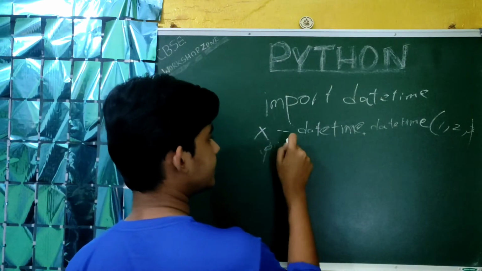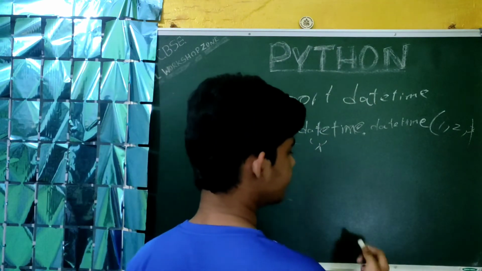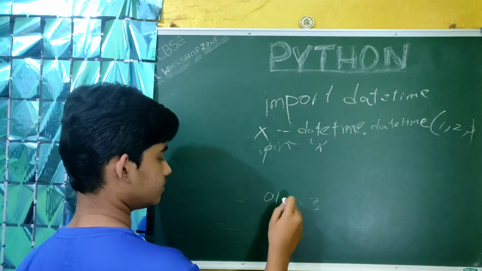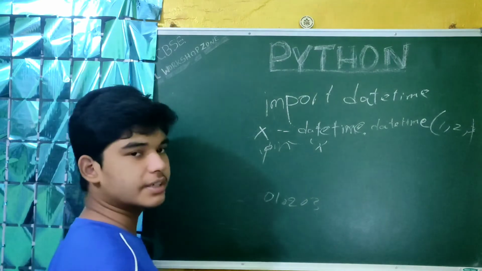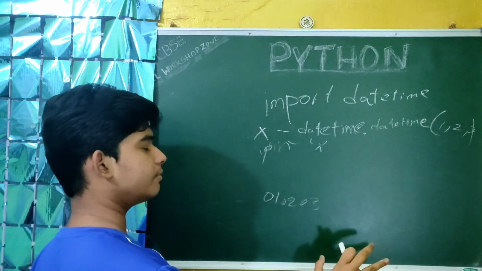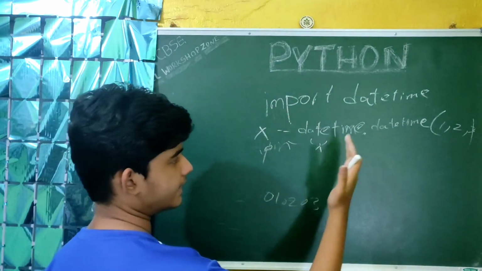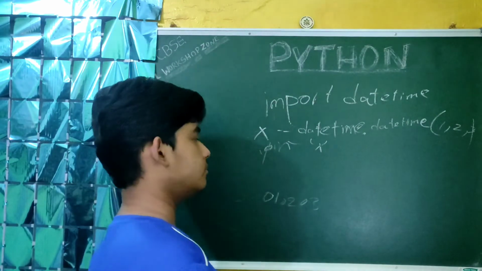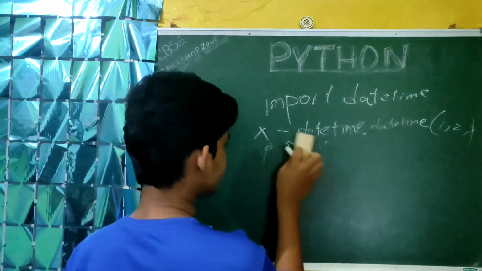Now this is just an example. By doing this, it will print something like 1:2:3. So that is how you can create your own time. You just need to write datetime and 1, 2, 3 instead of writing dot now, which will print the current time.